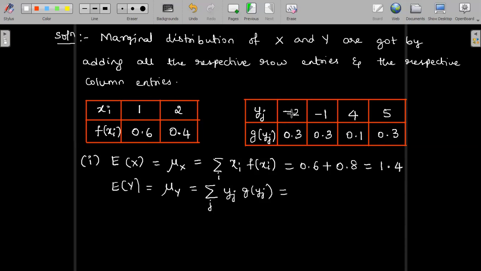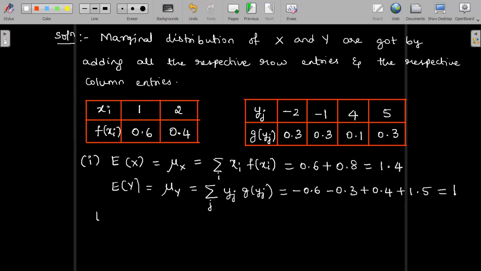Every yj is multiplied with its respective probability. So -2 into 0.3 is -0.6, -1 into 0.3 is -0.3, 4 into 0.1 is 0.4, and the last value 5 into 0.3 is 1.5. The sum in this case is equal to 1.